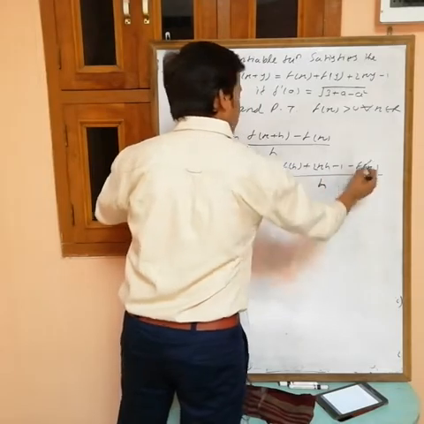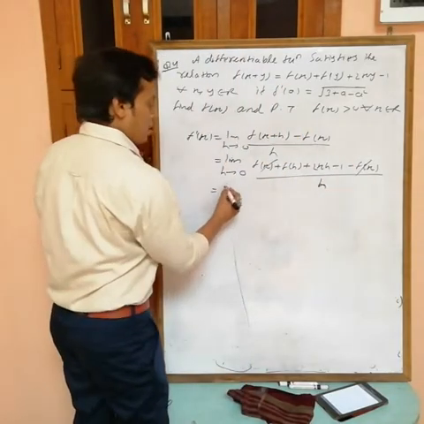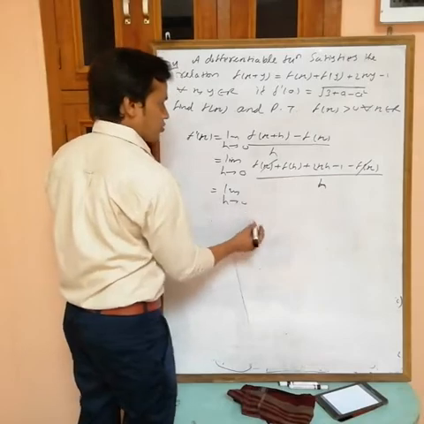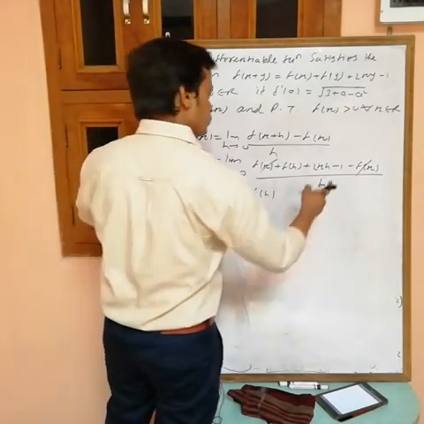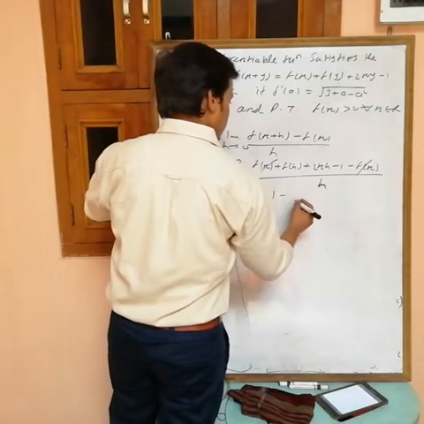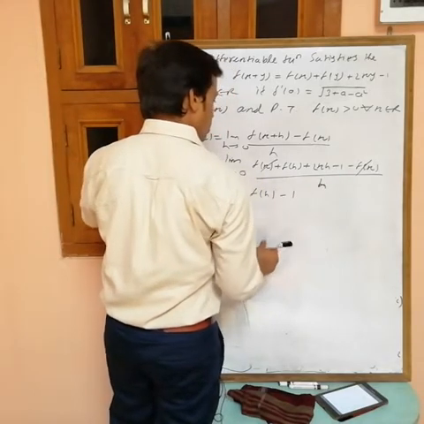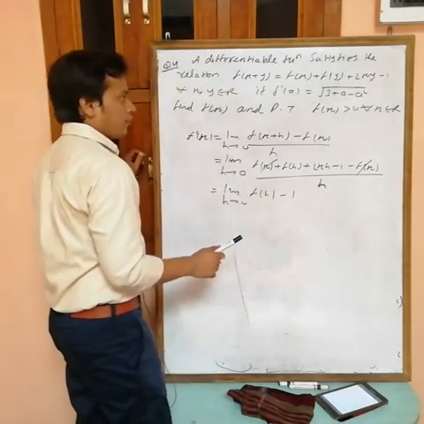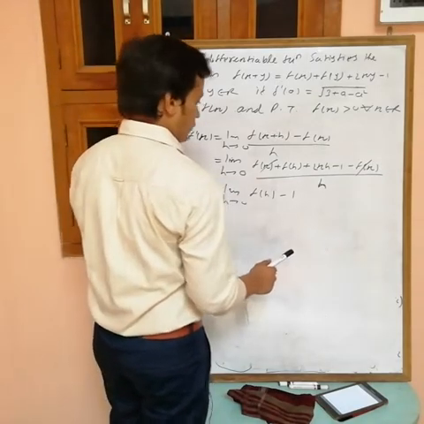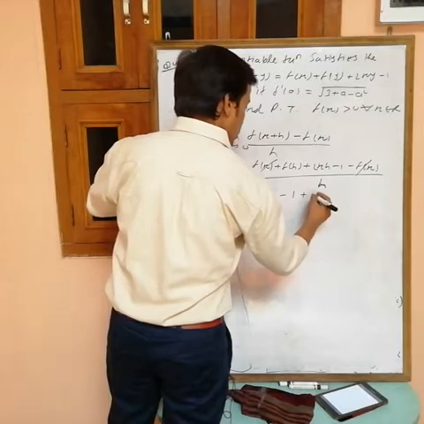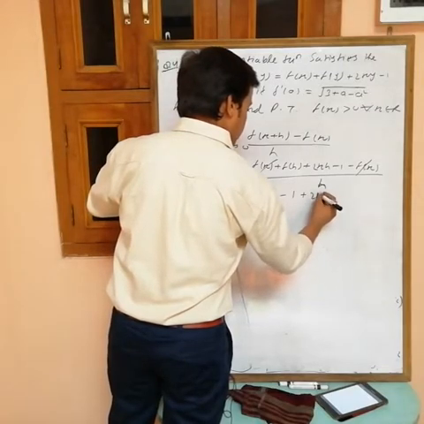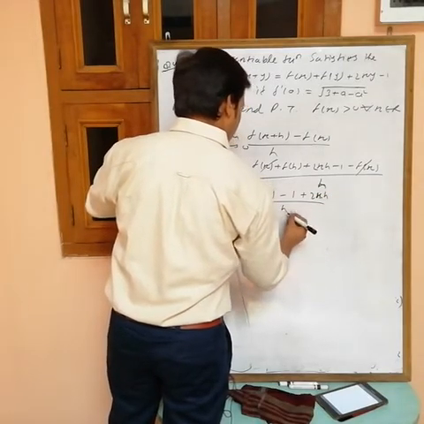Okay, f(x) cancels. Limit h tending to 0 of [f(h) - 1 + 2xh]/h.